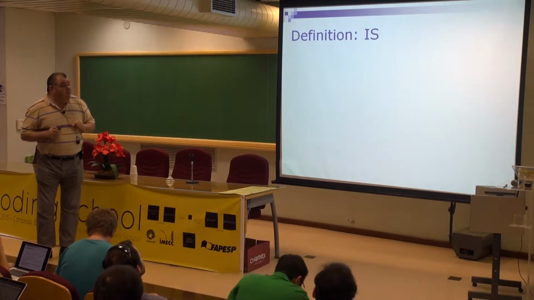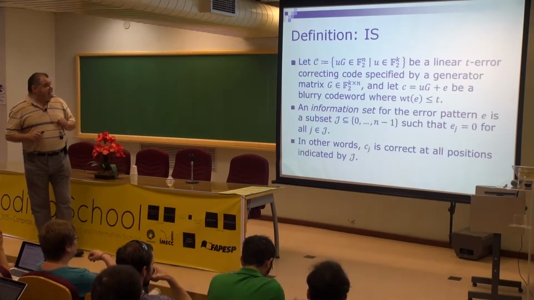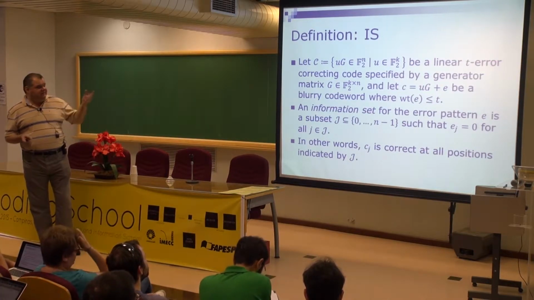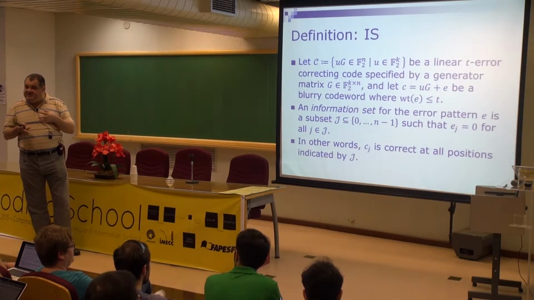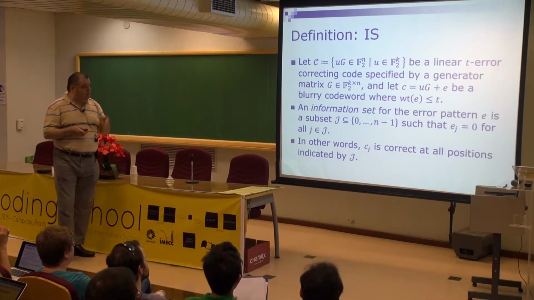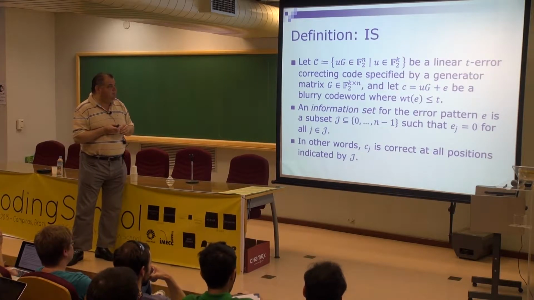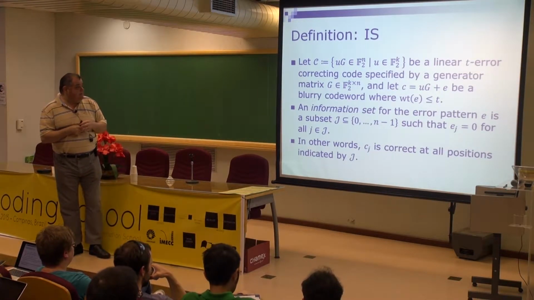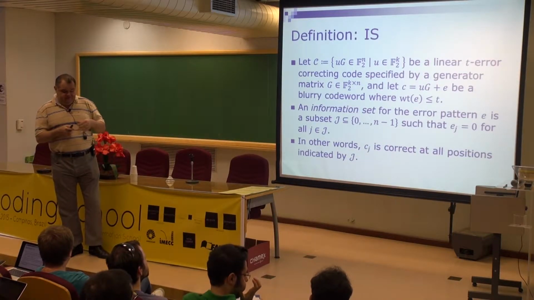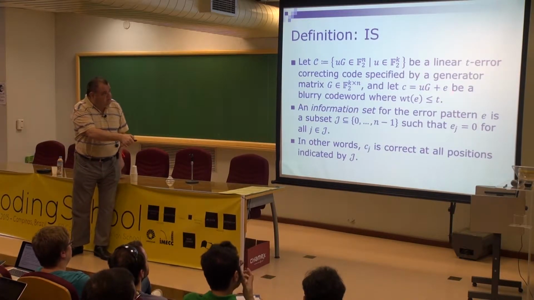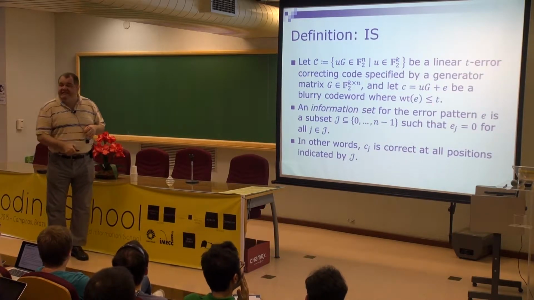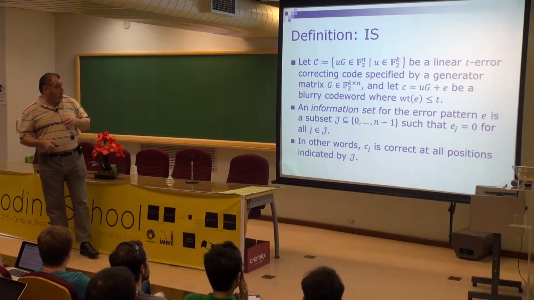So, what is an information set given a linear t-error correcting code specified here by a generator matrix G? It could be specified by a parity check matrix as well, but let's stick to a generator matrix here. Assuming we have a blurry code word c, so it's a code word with some errors. At most, t bits are in error here.